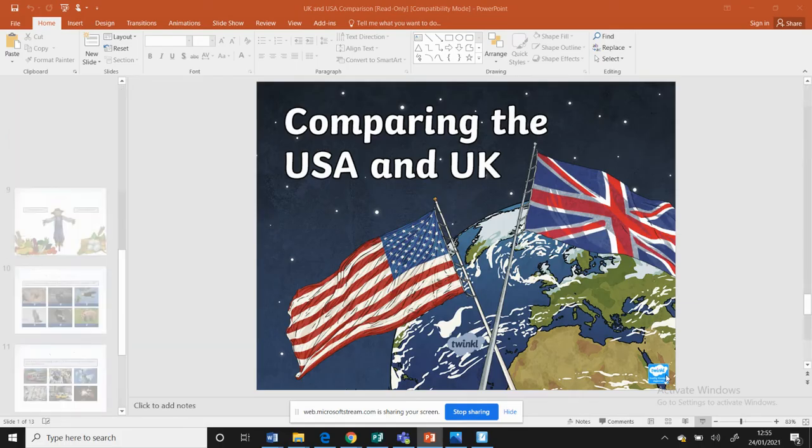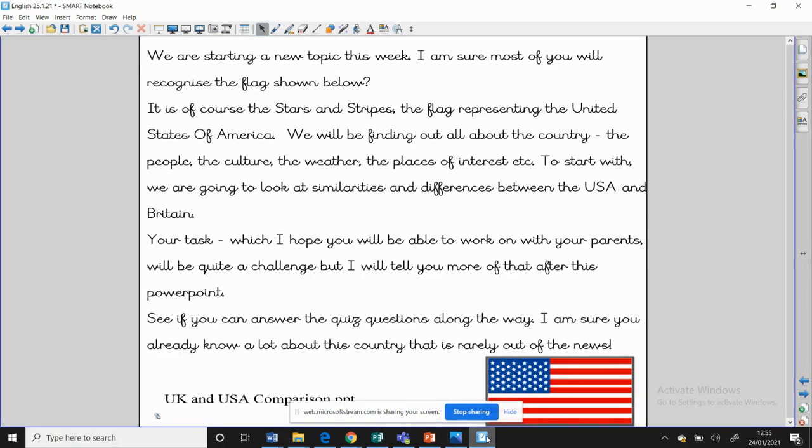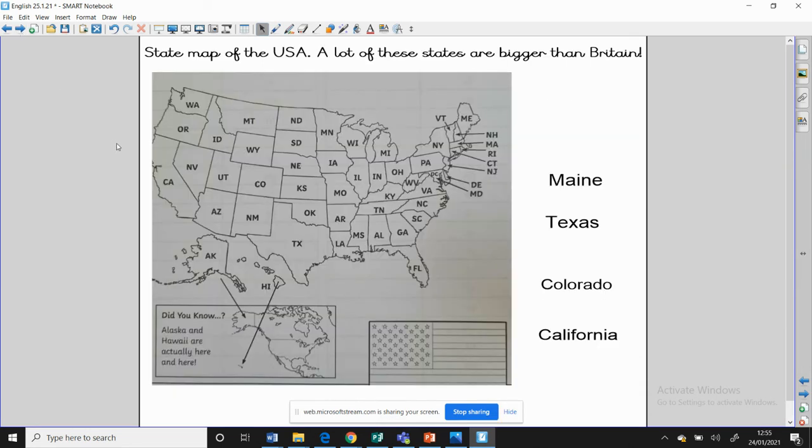Okay, I'm going to go back to our original smartboard and explain your task for today. Now, this is that map of America that you've seen on the PowerPoint before, with all of the states broken up into individual areas. Now, I've got 4 down the side here that have all got an abbreviation somewhere in here, and I'm going to give you these as examples for what you're going to do.